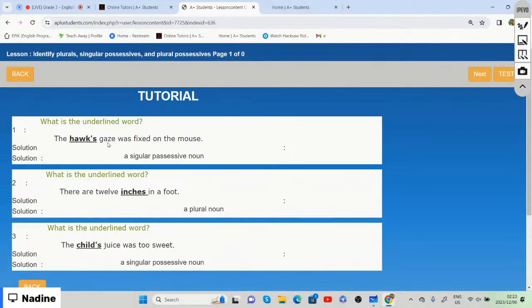So the hawk's gaze was fixed on the mouse. So this is basically us now asking who was gazing at the mouse. And then we're going to say it is the hawk's, which means that the hawk's gaze was fixed on the mouse. And also hawk's gaze, it means that it's a singular possessive noun.